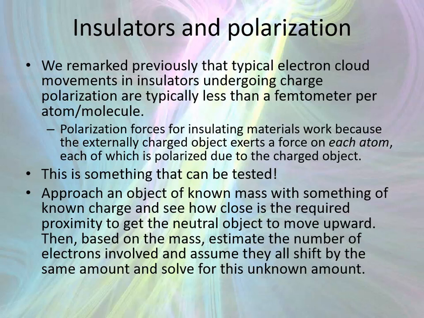So you can approach an object of known mass with something that has a known charge and see how close you need to get in order to get that neutral object to move upward. And based on that mass, and thus the weight, you can estimate the number of electrons that are involved and assume that they all shift by the same amount. And then you can solve for that unknown amount. So that's how people can figure these things out.